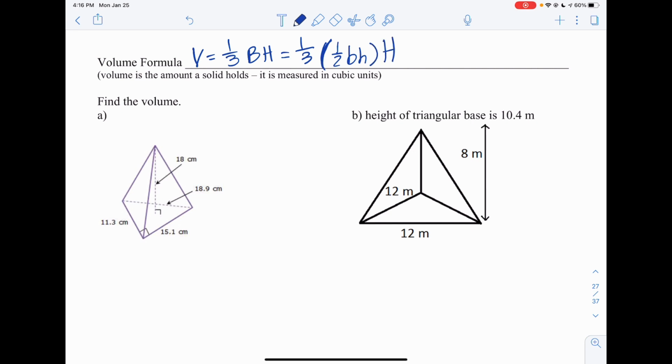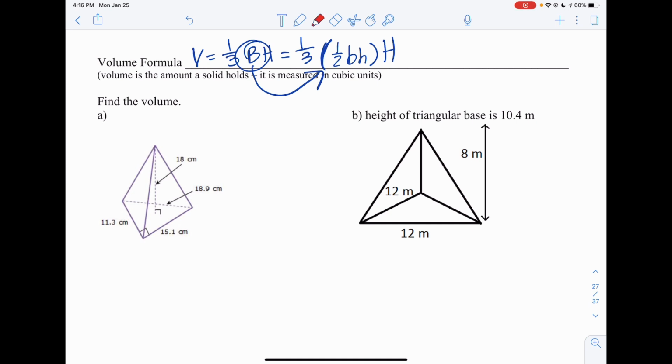So this one's a little bit longer. That's okay. The only thing I have to remember is that this uppercase B right here is represented by 1/2 times the base of the triangle at the base times the height of the triangle at the base, okay?